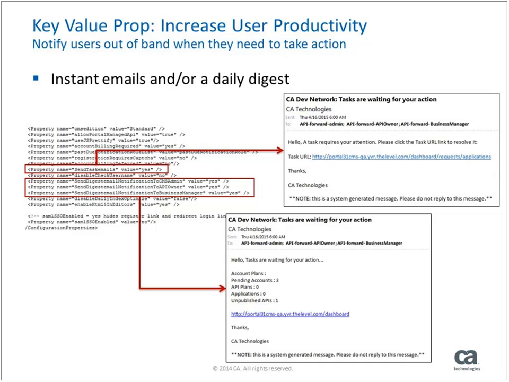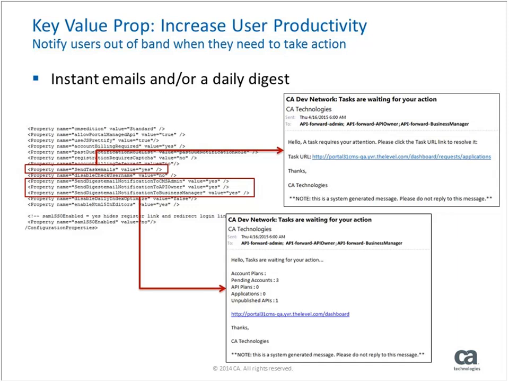One of the other key pieces of feedback that we've heard from customers is the out-of-band email capability. So now, by simply throwing a switch within your conf properties file, it's just a fairly simple configuration file, you can turn on these values.